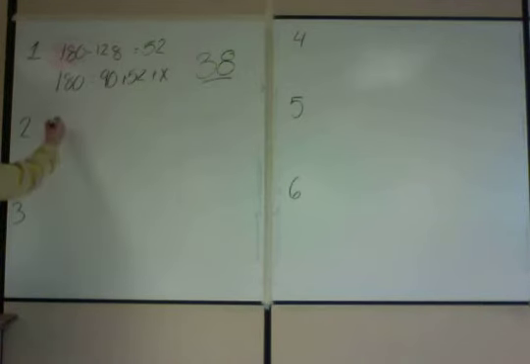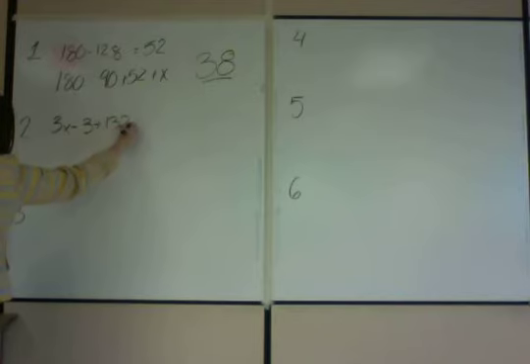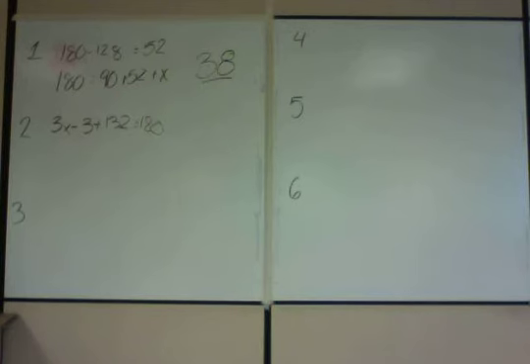So I'm going to have 3x minus 3 plus 132 equals 180. All I did was take my one angle plus my other angle, and it's equal to 180.